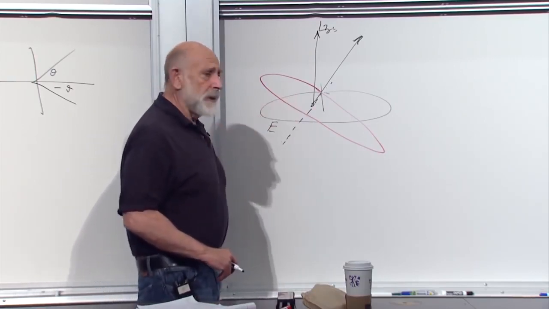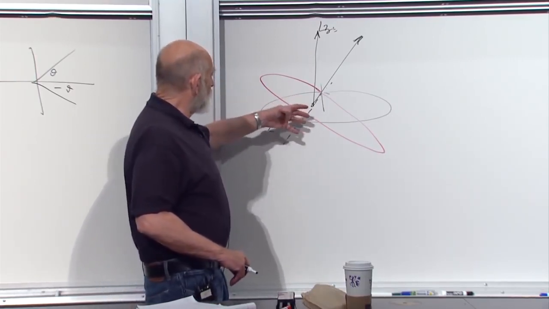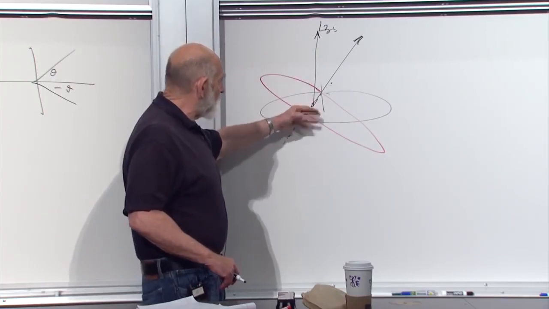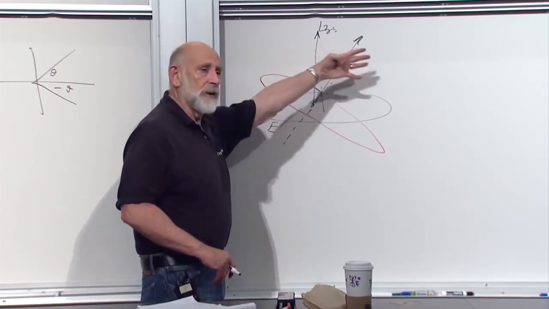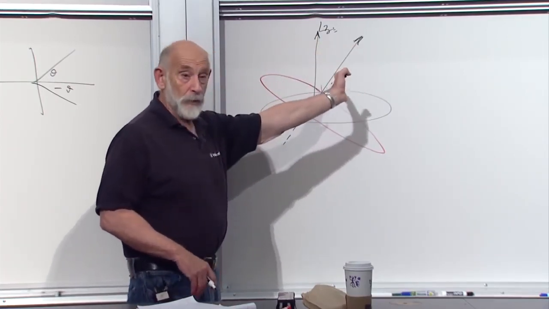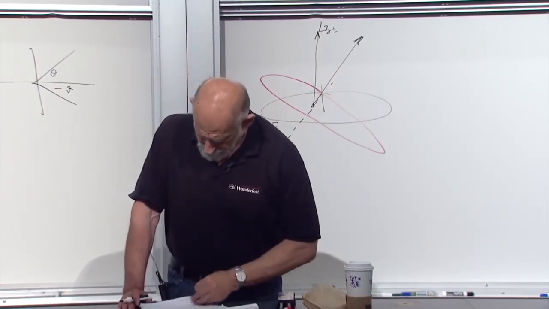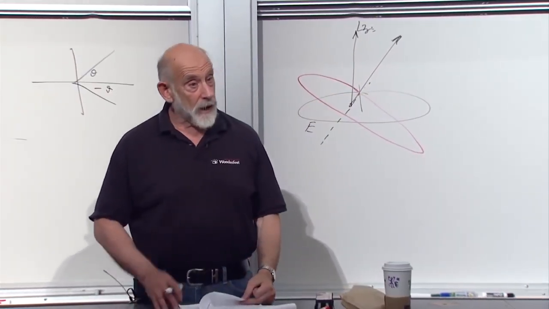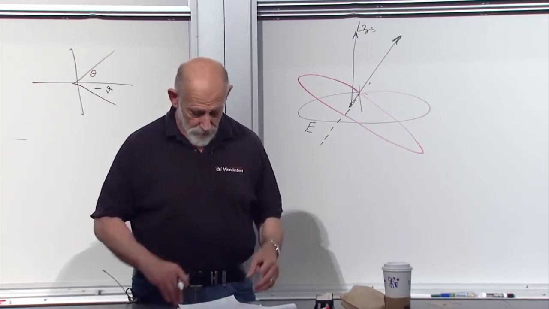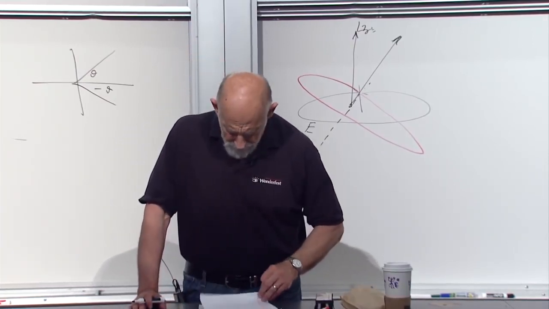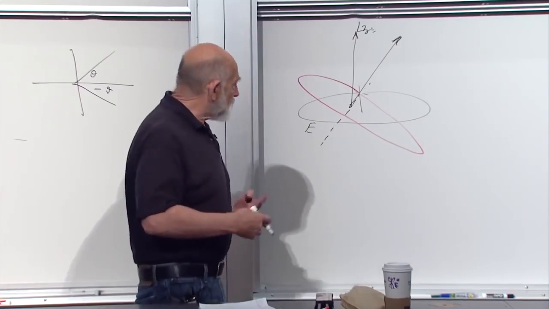A rotation about one axis changes the component of angular momentum about a different axis. That has a great deal to do with the commutation relations of rotations, but we'll work it out in detail. So here's an example.